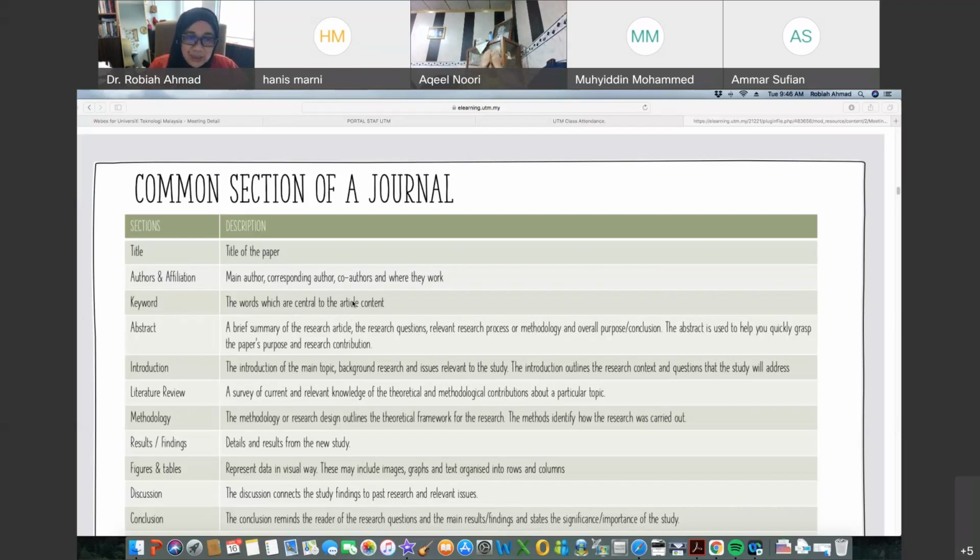This is the one that you shouldn't skip reading, because the abstract is actually telling us everything: the research, the research question, the methodology used, the results, the validation, and so forth. It's everything in one short paragraph. So you have to understand. Sometimes you want to know whether a paper is relevant or not, and the abstract will help you.